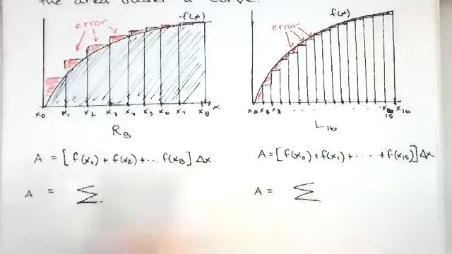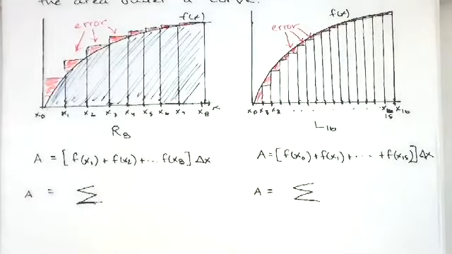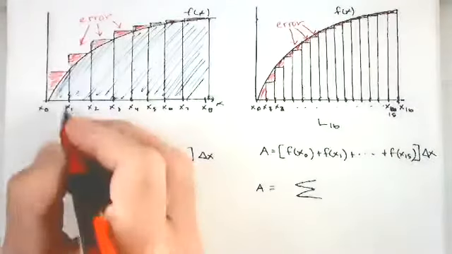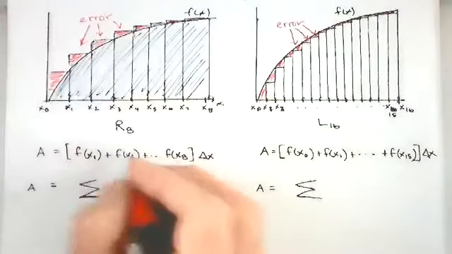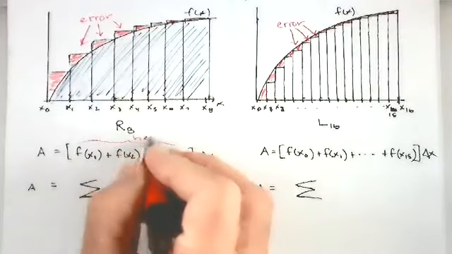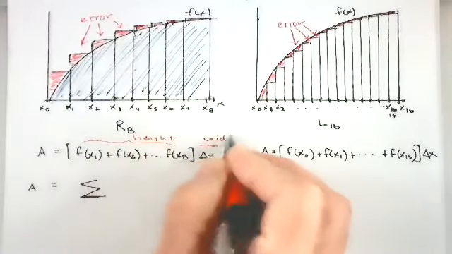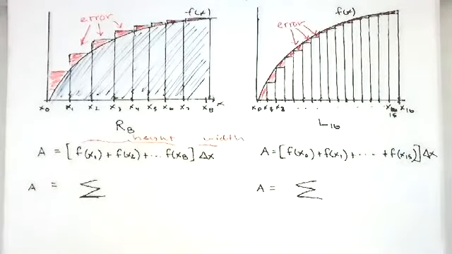So either way, the formula for the area is you're going to be adding up a bunch of heights, which would be given by the value of the function at these numbers. So these are your heights. And delta x, of course, is your width. That's the area of a rectangle. And you could write this in summation form.